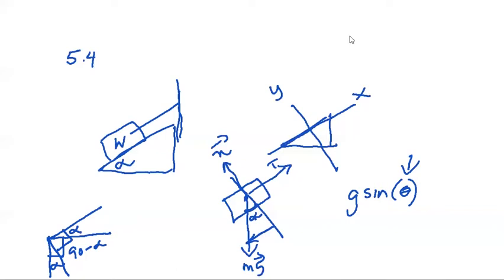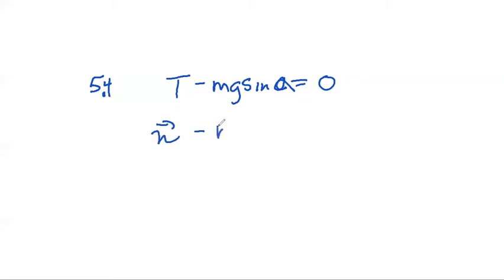Let me clear all these. This is still 5.4. The tension minus mg sine alpha equals 0, and the normal force minus mg cos alpha equals 0.